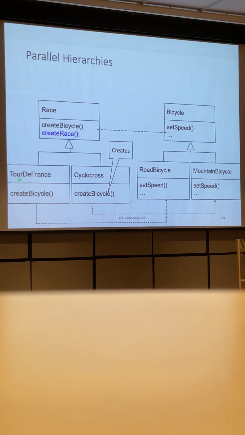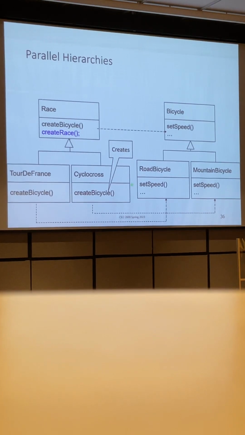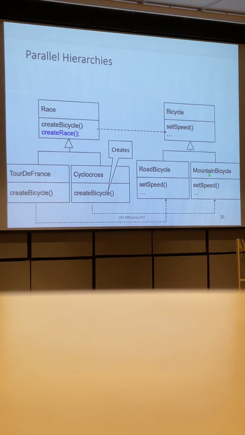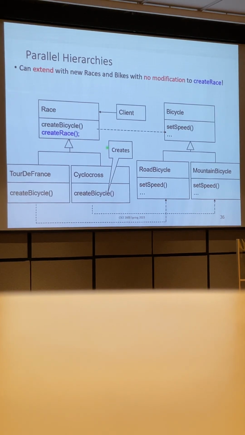In Tour de France, create bicycle creates a road bicycle. So we have this hierarchy of races here and the hierarchy of bicycles here, and they are basically linked. There's a dependency here, where create bicycle has a dependency on mountain bicycles. That's how the proper bicycle for each type of race is guaranteed. And then we have a create race, which actually calls the create bicycle.